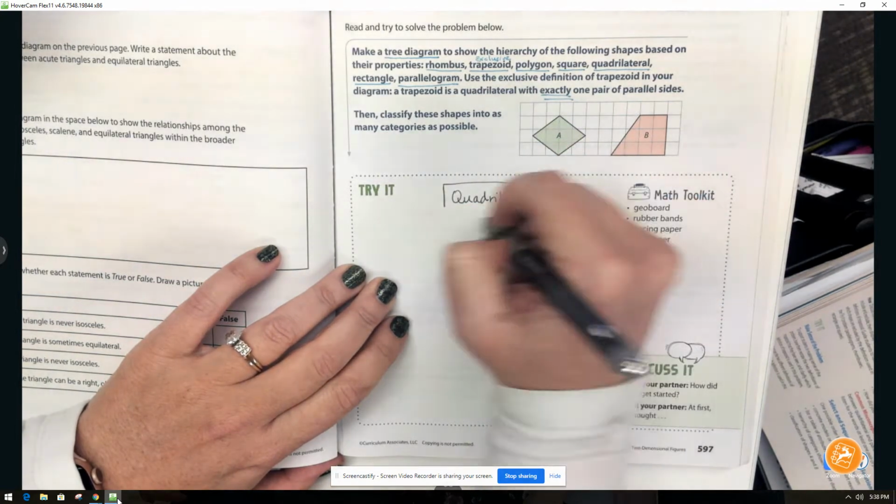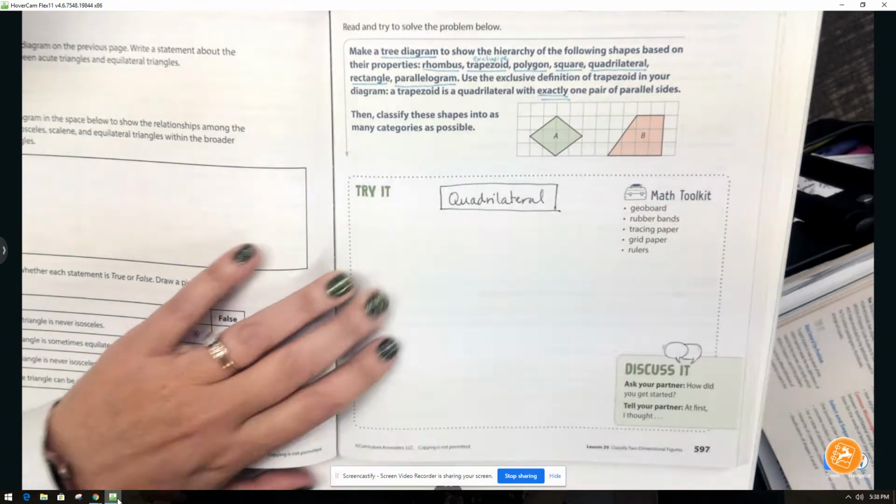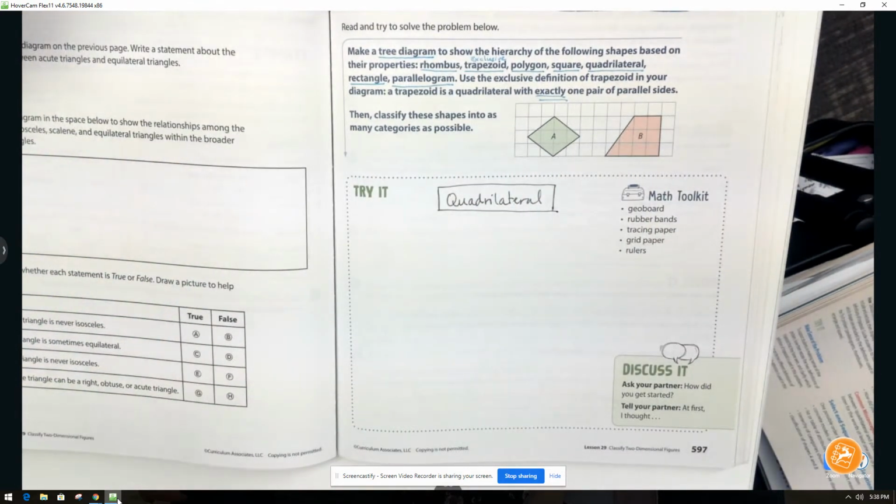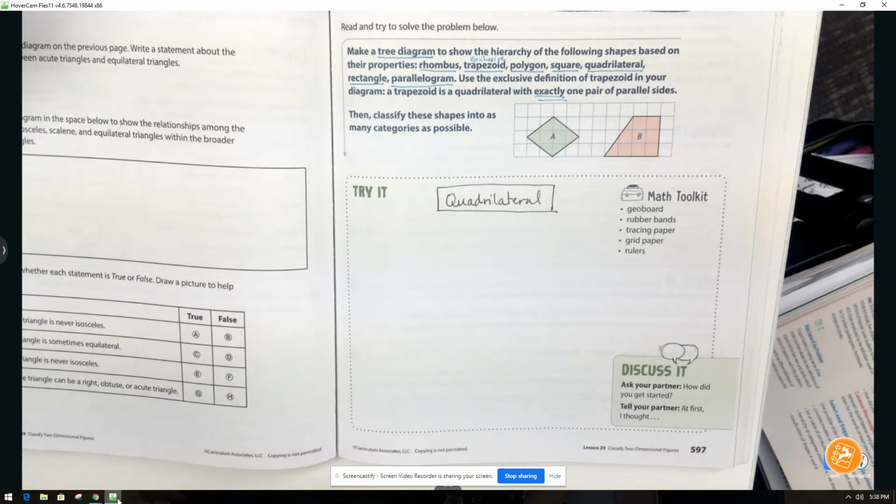And then we're just going to put a rectangle around that quadrilateral. It helps to go ahead and write the word first and then draw the box around it, because otherwise you're trying to fit all the word inside the box, and if you don't draw the box big enough, then you've got to start over again. So just do that first.